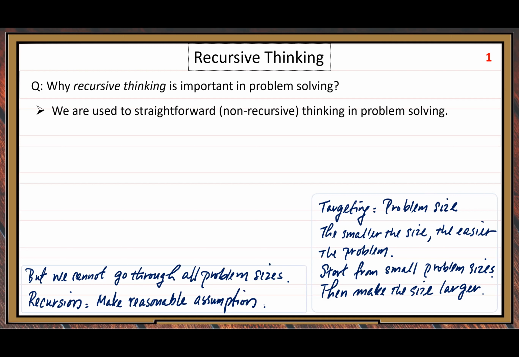Although we cannot go through all problem sizes, we can make a reasonable assumption to cover some of the problem sizes. Then by recursion, we can cover all the problem sizes. That's the idea.